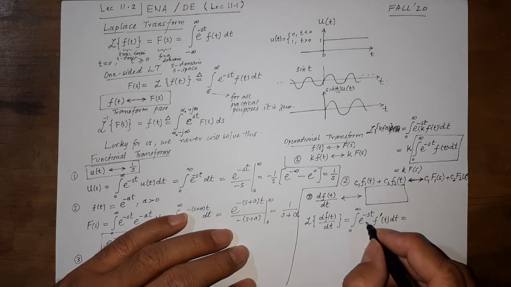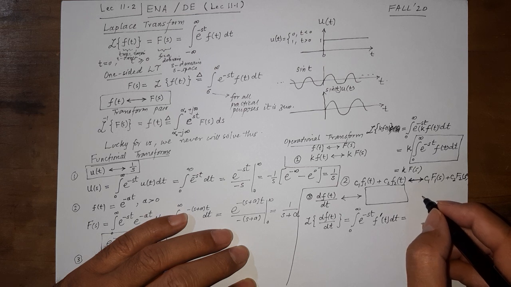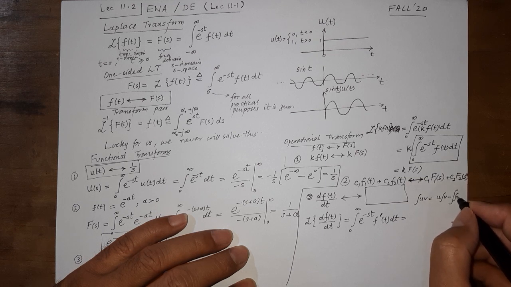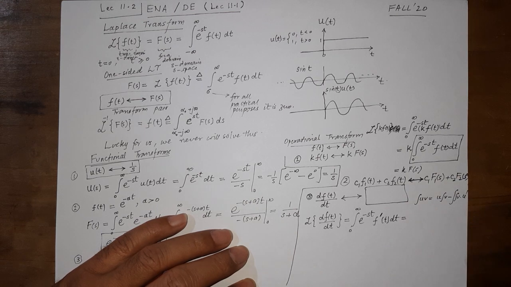We can use the uv formula here. The integral of uv, if I remember the formula right, is equal to one of the functions as is, times the integral of v, minus the integral of the integral of v times the derivative of u.